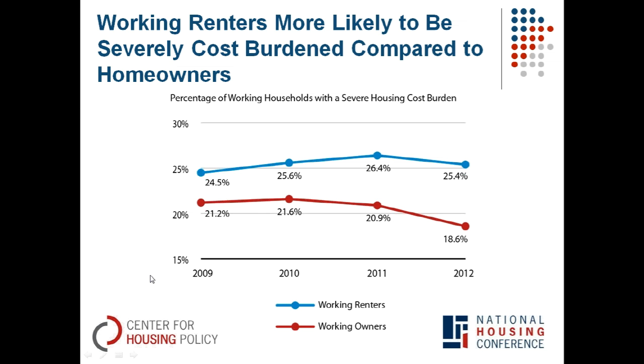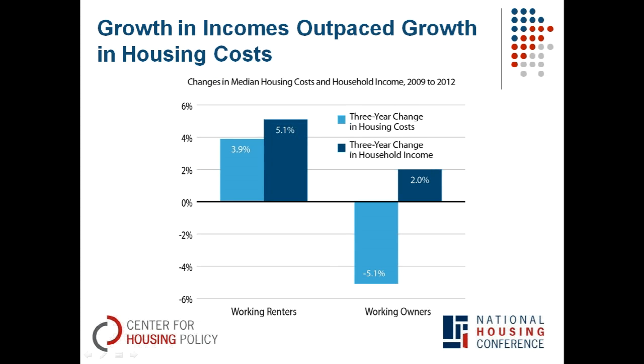Okay, so let's dig into this a little bit more and find out why housing affordability appears to be improving. What you can see in this graph in the light blue is the change in median housing costs over 3 years, 2009 to 2012, for working renters and working owners.